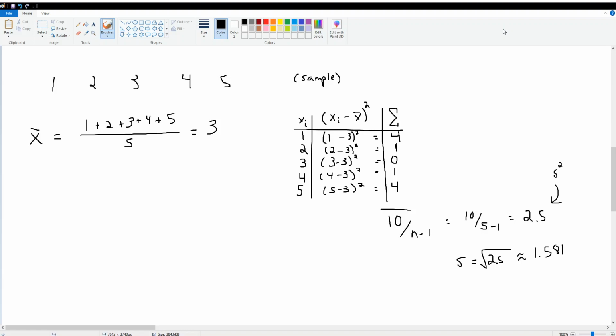If we have larger numbers of data points, then either the sample variance, sample standard deviation, population variance, or population standard deviation will be either computed for you or just straight up provided to you.